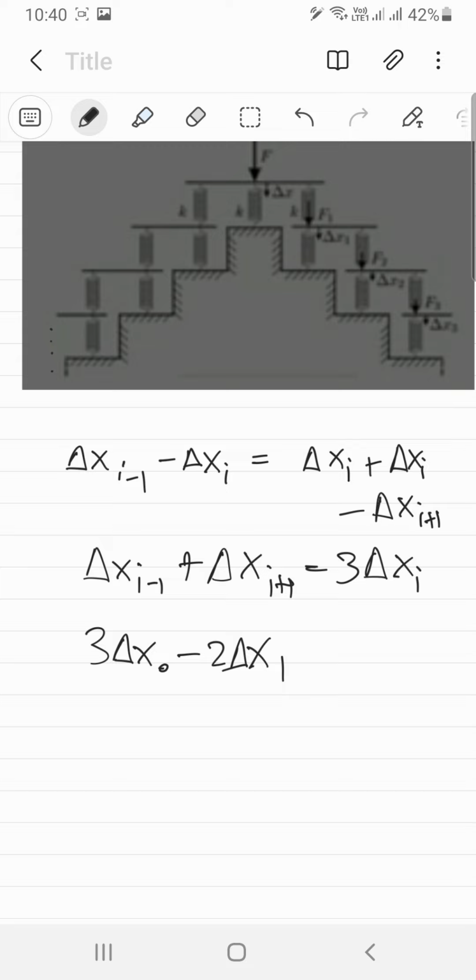Is this recursion enough to find everything? For delta x0, there's no delta x minus 1, that makes no sense. This is just going to keep on going, it's not nice.